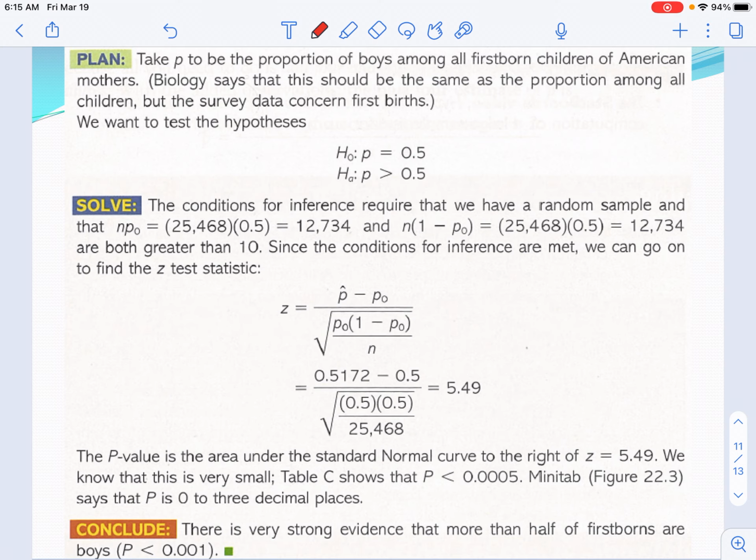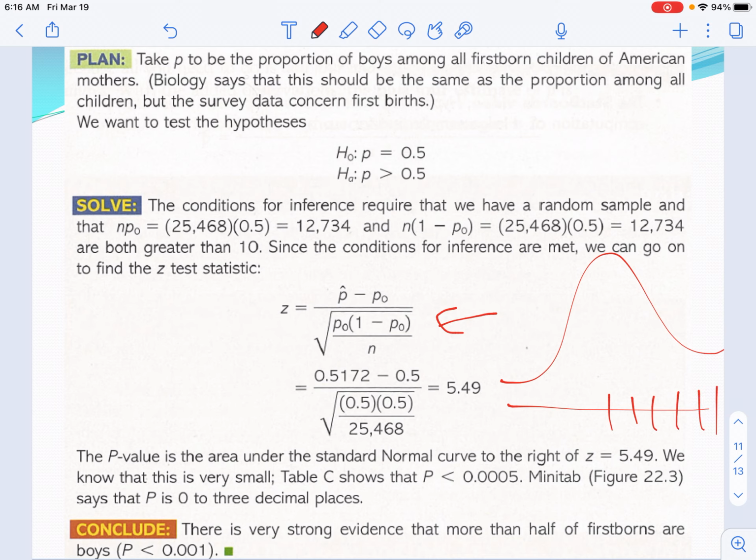So to go about solving this by hand, we're substituting in our relevant values into our z-statistic equation. We see down here that we have our sample proportion p hat minus our null value 0.5, our standard error equation 0.5, 0.5. The null value in both of those gives us a z-statistic of 5.49. We are 5.5 standard deviations away from what we expect at the center of this distribution.